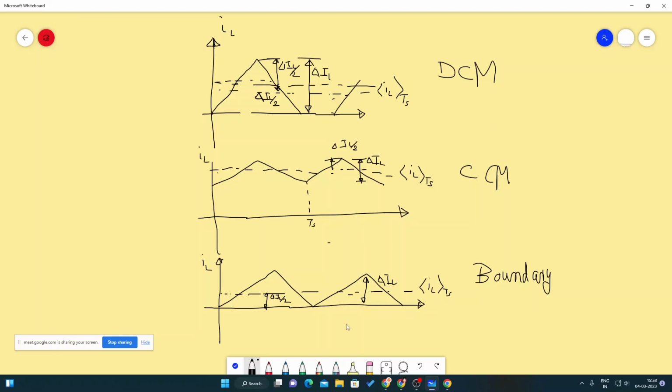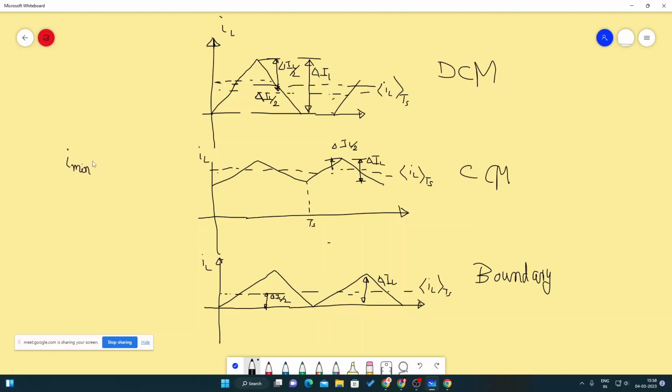So what is the difference, do you notice in either? Yes, in continuous conduction mode the minimum value of inductor current plus delta IL by 2 is equal to the average value of the inductor current. And in boundary, this delta IL by 2 is equal to the average value of inductor current.